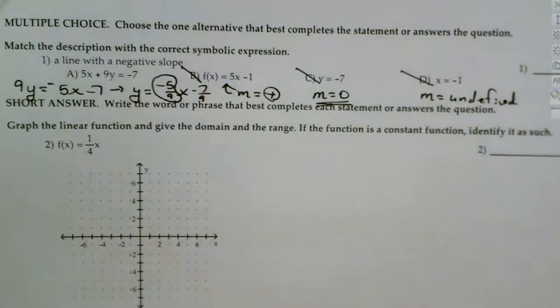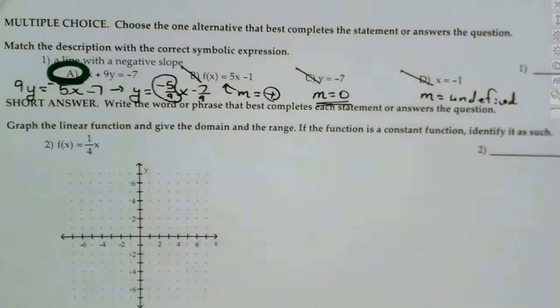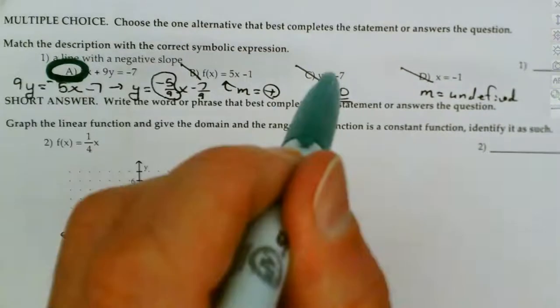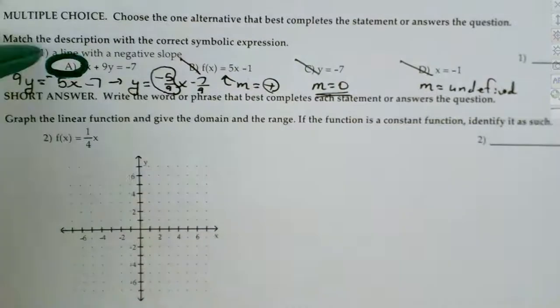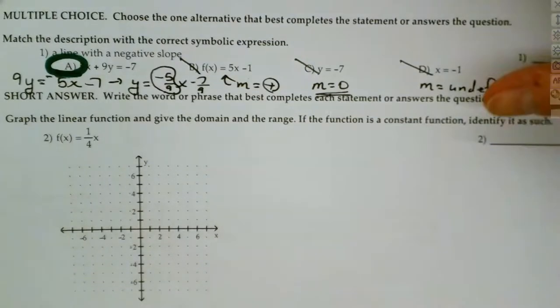So the only one that works is going to be what? Answer A. So you could have either solved A out at the very beginning, or you could have just used process of elimination. A positive slope, 0 slope, doesn't work. Undefined slope. The only one that could work is A. A gives you that negative slope. Are we okay with that? Okay, so the answer for that one should be A.